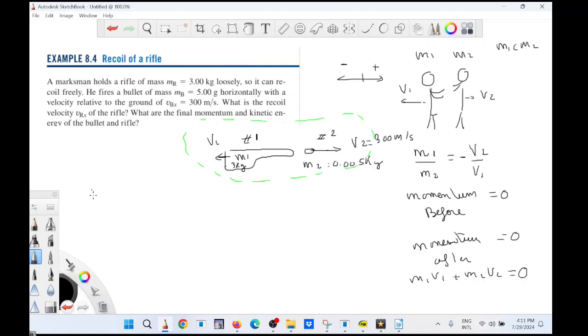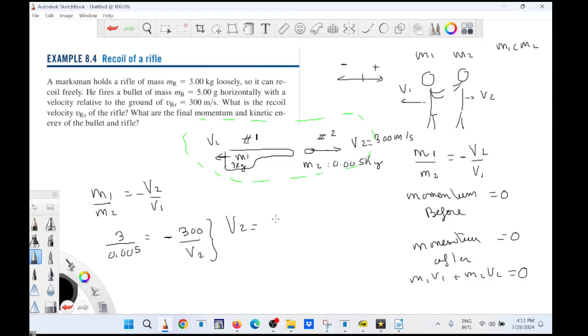So I just do M1 over M2 equals minus V2 over V1. So we have 3 over 0.005 equals minus 300 over V2.